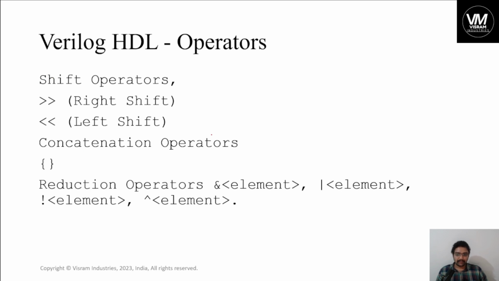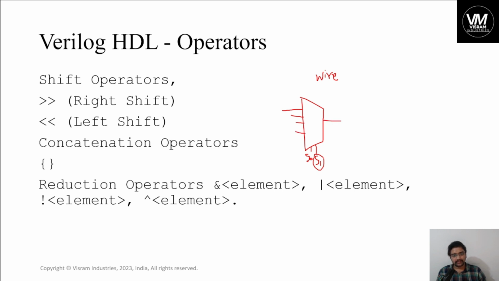And concatenation operators are nothing but, for example, you have a wire S in the multiplexer. For this, actually you have two selection inputs, S0 and S1, in the 4x1 multiplexer, right?